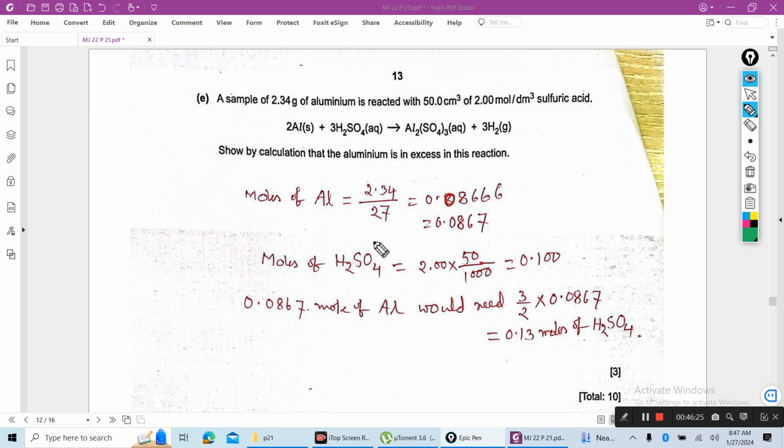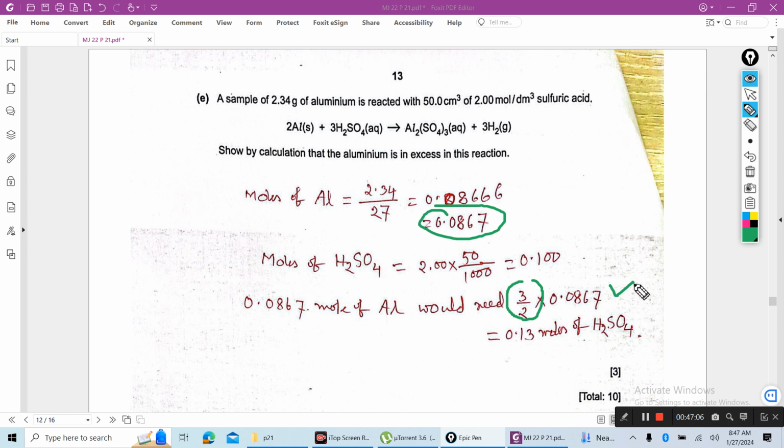But you see, this mole of aluminium would react with 3 by 2 times of sulfuric acid. Ratio 2:3. So moles of sulfuric acid reacting would be 3 by 2 of moles of aluminium. 0.0867 moles of Al would need 3 by 2 times of this.